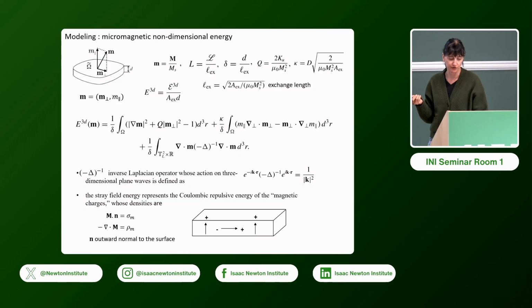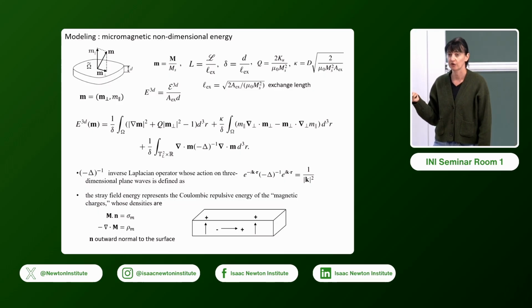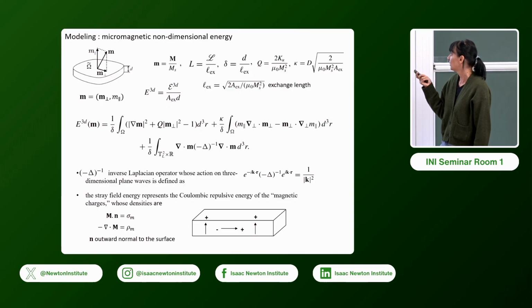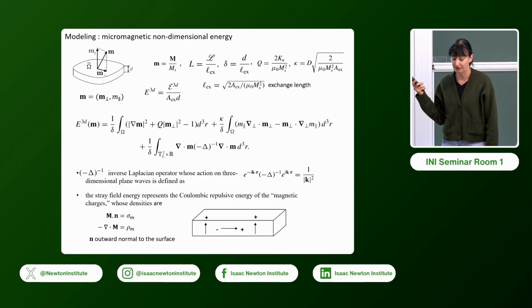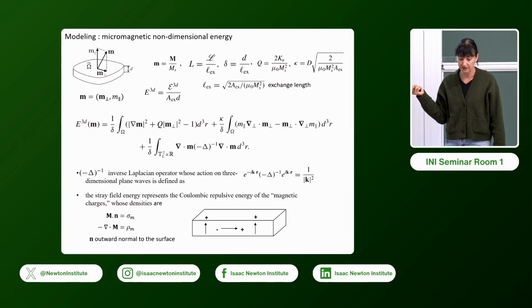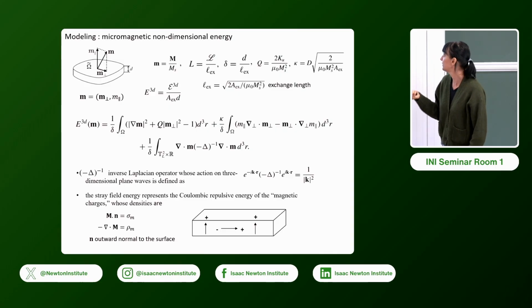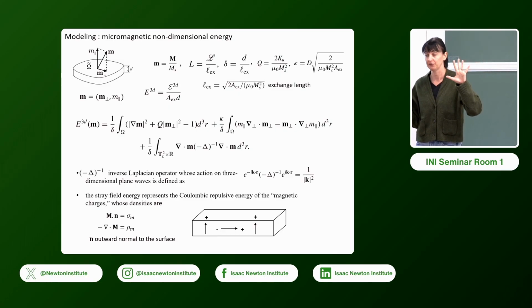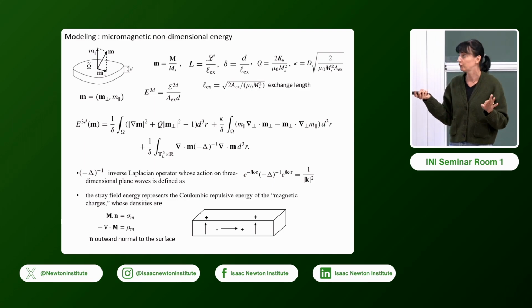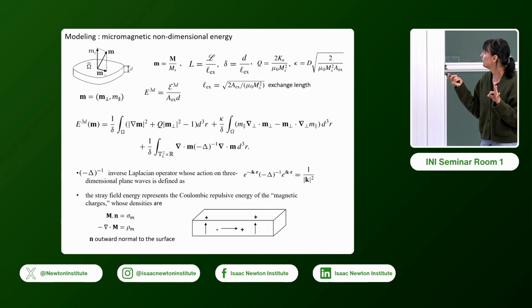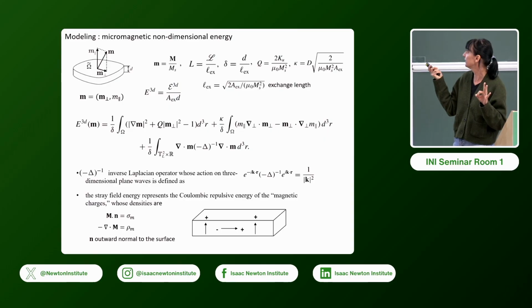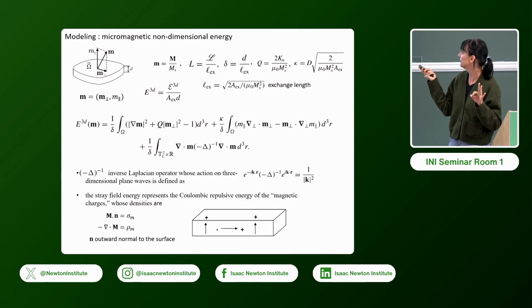So we are going to first non-dimensionalize this energy, and from now on I am only going to use these non-dimensional parameters. The good thing is that we are reducing the number of parameters from five dimensional parameters down to only three. These three parameters are the effective thickness, which is the thickness divided by the exchange length defined here, the effective anisotropy Q, and the effective DMI constant here.